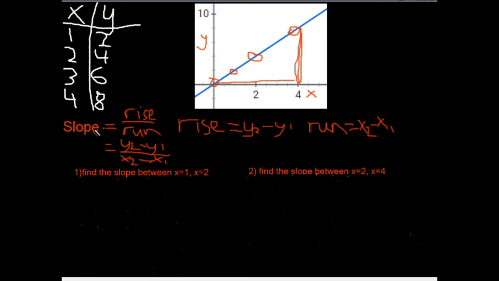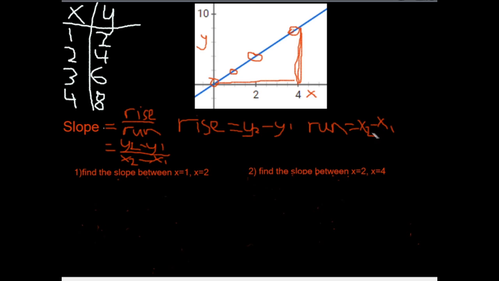So the slope for a straight line can be defined as rise over run. Now the rise here is how much it increases here, and the run here is from the x values, and the rise is from the y values. When you do these calculations, rise is defined as y2 minus y1.